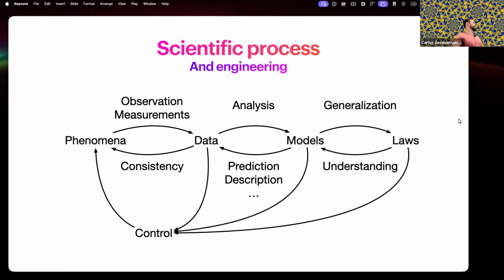And that has been the view probably since the times of Galileo, Newton, Descartes, Laplace, and so on. But of course, it's anthropocentric and it doesn't consider many of the limitations we will mention now, and it assumes that we know best how to control phenomena.